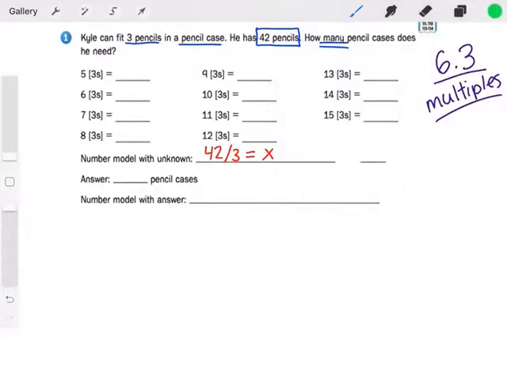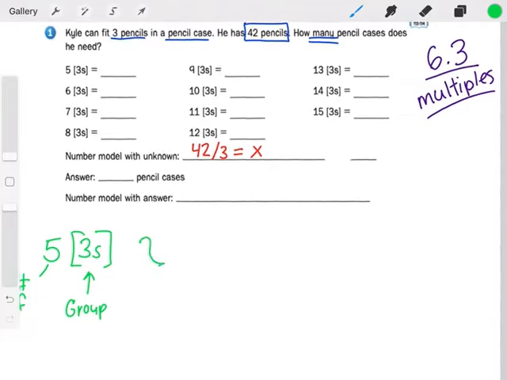Let's do green. When you see 5 and a bracket that says 3s, this is how many are in the group. And this is the number of groups that you have. So to show this in a picture, you would have 1, 2, 3.